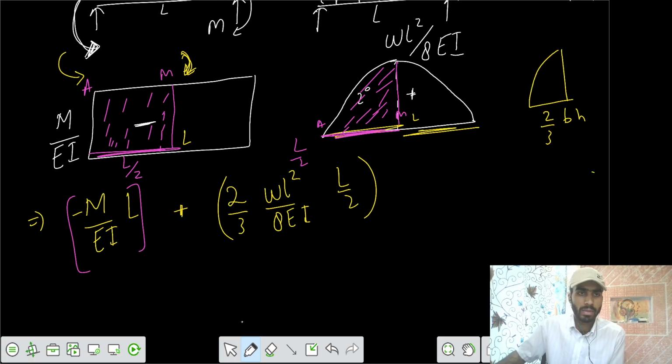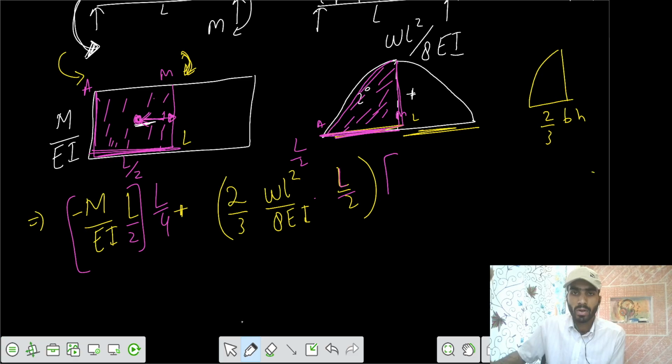This one is the area of this part: M by EI into length L by 2. But the centroidal distance should be from point M, so this is L by 4. Similarly, this is your area, 2 by 3 of B into H, and the length is also the same, L by 2.